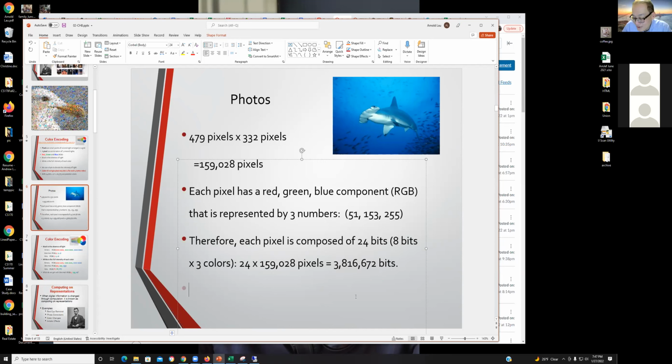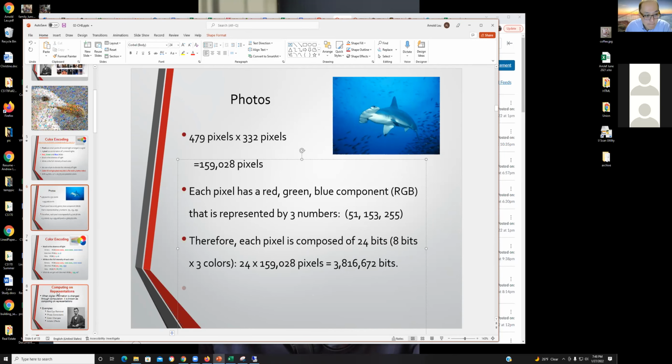Most of the time we don't talk in terms of bits for space usage. We're probably talking in terms of bytes. So in this case, you would just take this and divide by 8 to get the number of bytes that it takes up.